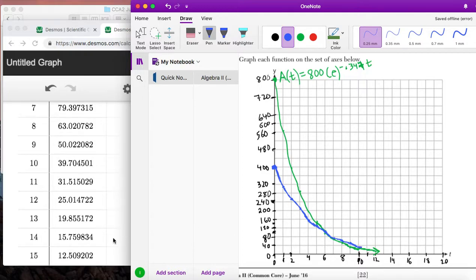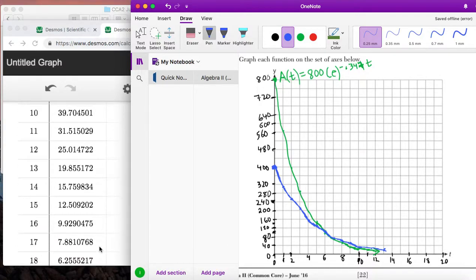Then 31 when it's 11. 12 is 25, and then 13, we're a little under halfway, and then 14, and we start leveling out from there. 15 is at 12, and by 16, 17, we're really low. So it's just going to go like this.